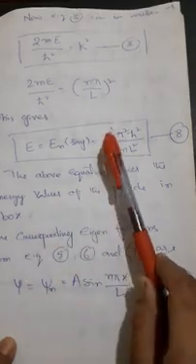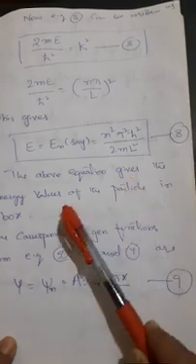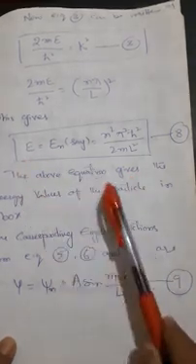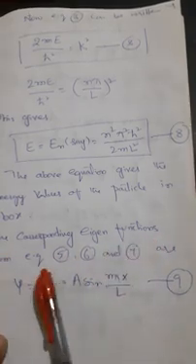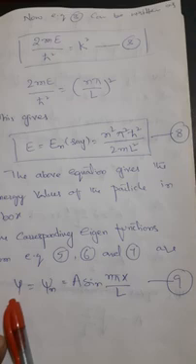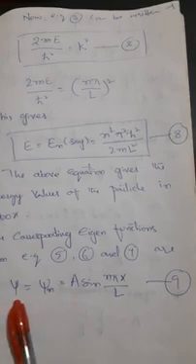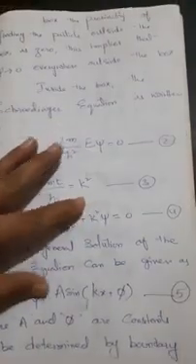So for n is equal to 1, 2, 3, 4, for different values, this gives the energy of the particle in a box. Now the corresponding eigenfunctions. We know the eigenfunction we already gave, that is psi is equal to psi naught, the solution of the second order differential equation, that is psi is equal to A sin(kx plus phi).